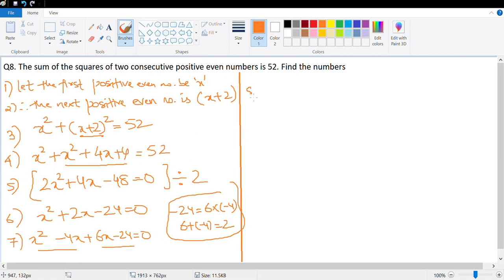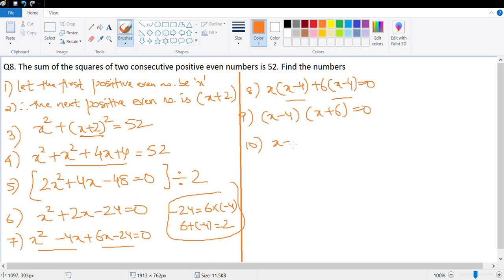Grouping it the way I have underlined, we have x times x minus 4 plus 6 times x minus 4 is equal to 0. X minus 4 is common, so we have x minus 4 times x plus 6 is equal to 0. This gives us x minus 4 is equal to 0 or x plus 6 is equal to 0, which means x is equal to 4 or x is equal to negative 6.